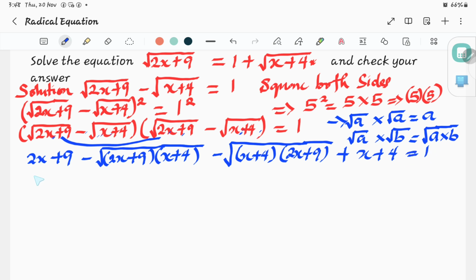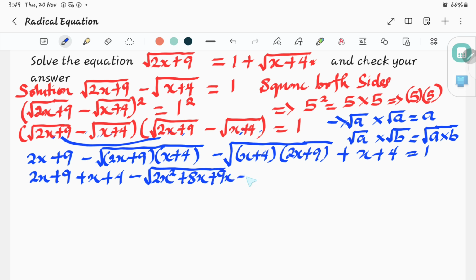All right, so from here we have 2x plus 9. Don't forget we have this part, let's bring it closer: plus x plus 4 minus. For this, let's open it up. 2x times x gives us 2x squared. 2x times 4 gives us 8x. 9 times x gives us 9x.